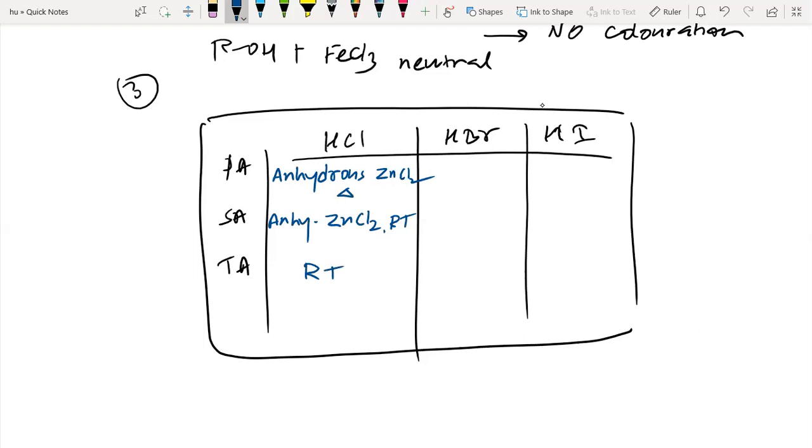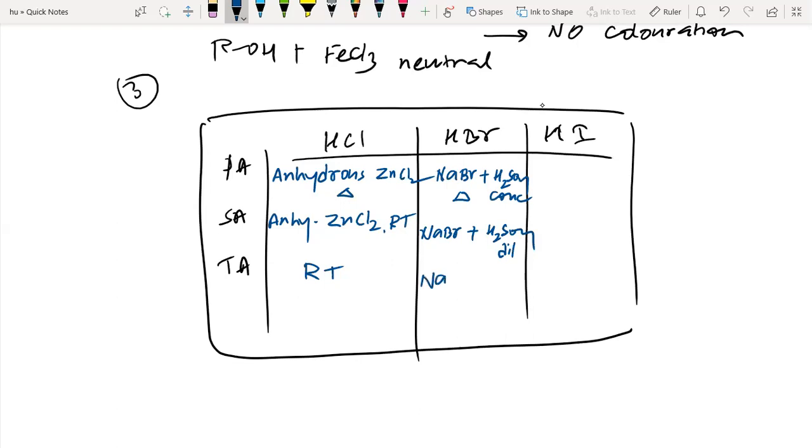For HBr, we have NaBr and concentrated sulfuric acid and heat. While for secondary, we have NaBr plus sulfuric acid, but this time it is dilute and there is no need to heat.